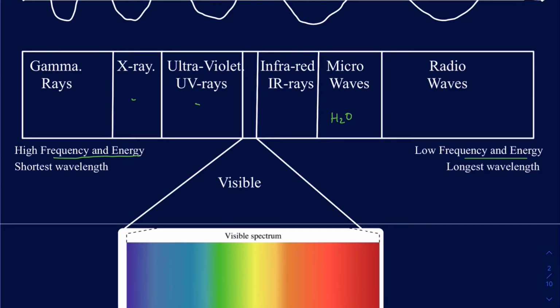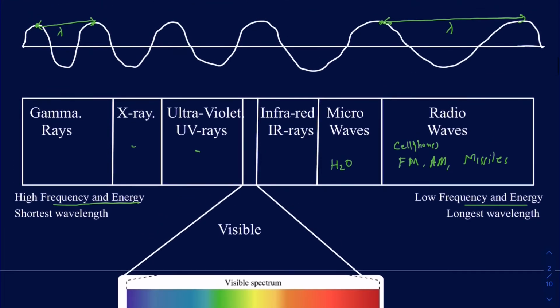And then obviously the radio waves are a big section in the electromagnetic spectrum, and they're used in cell phones, the FM radio station, the AM radio station. They all use radio waves, and also the tower signals, the airplane signals, or the missiles. So radio waves actually have the longest wavelength.